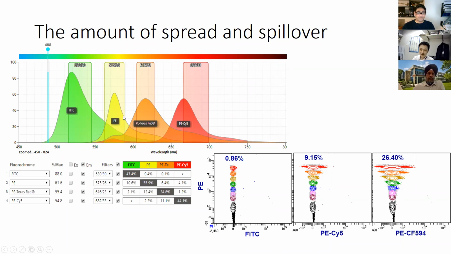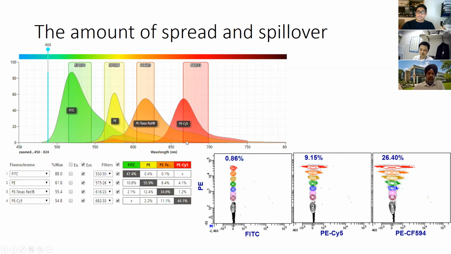And we look at this tail, it's a very big part, this part, overlaying into the PE-Texas Red, or we can call it PE-CF594, that's the same thing. So when we increase the PE signal, we can also see a significant spread over into this channel because that's the overlay.